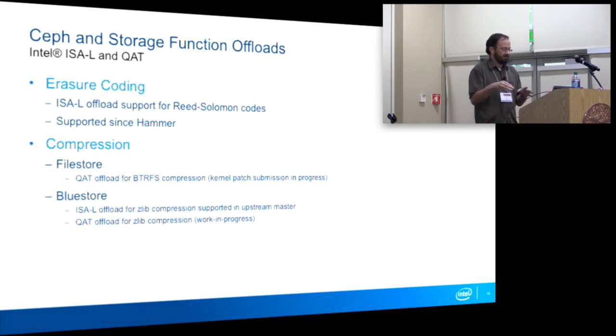So what we were talking about here is we're going to use it as integrated into BTRFS. So the QAT offload for compression integrated into BTRFS, and then Ceph using BTRFS. But for compression, it's also possible to use BlueStore and QAT offload.